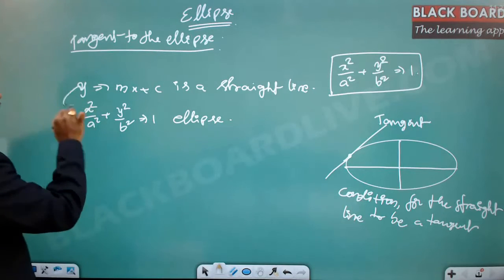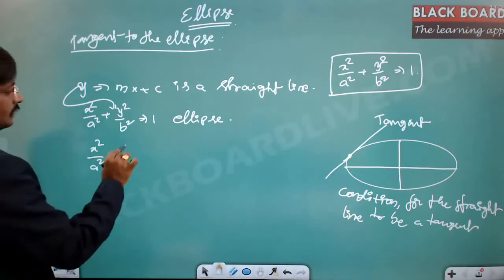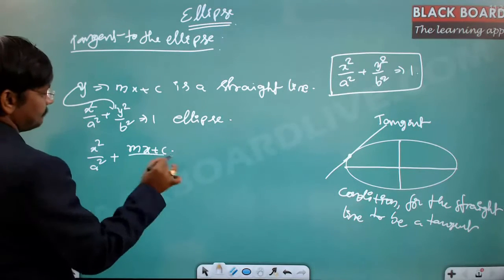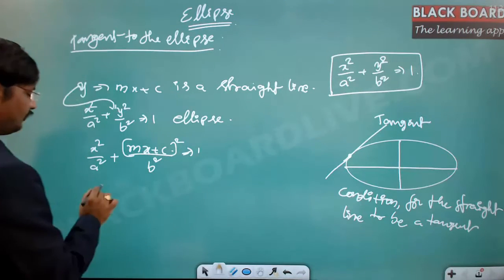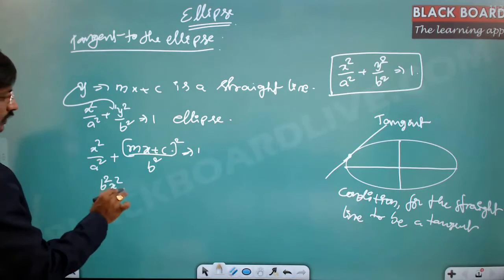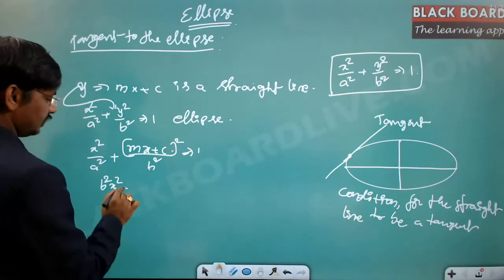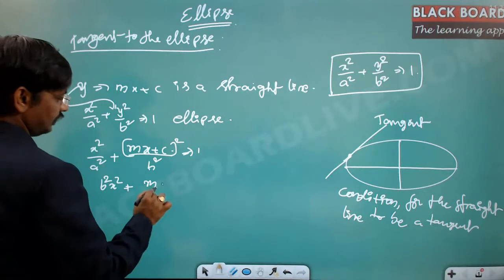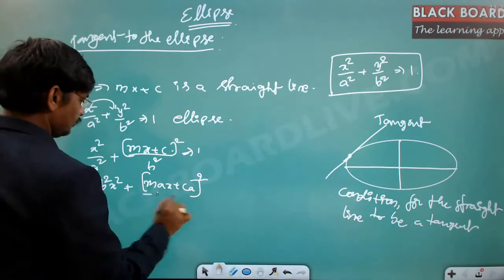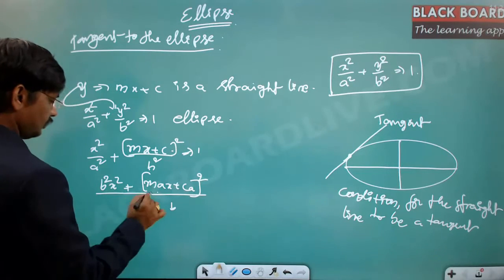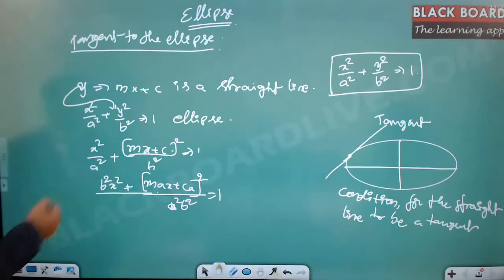If you substitute this value in it, this is going to be x square by a square plus (mx plus c) whole square by b square is equal to 1.